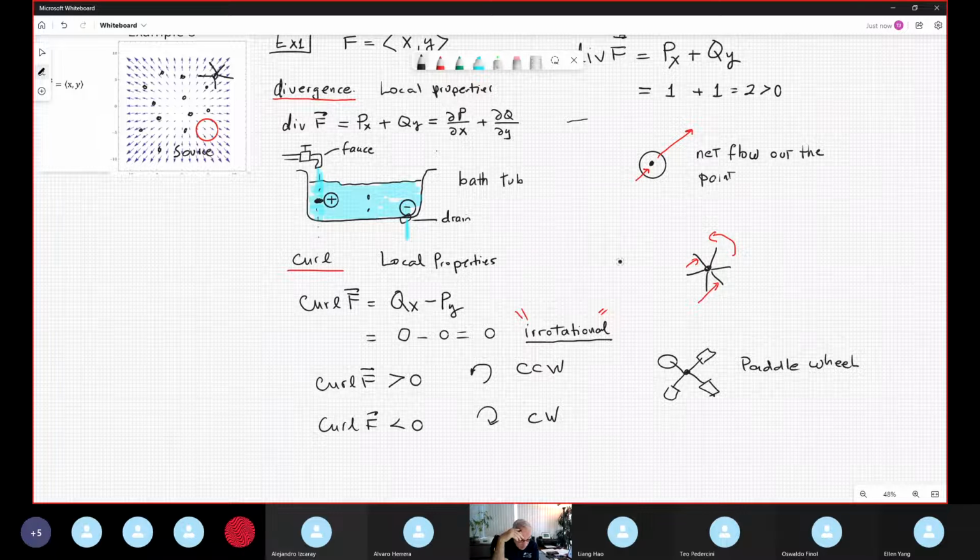Let's see another example. But before finishing example 1, this is an important detail now. This is the most important thing I want to explain today. Since it is irrotational, this implies that our vector field is conservative. And what does it mean to be conservative?